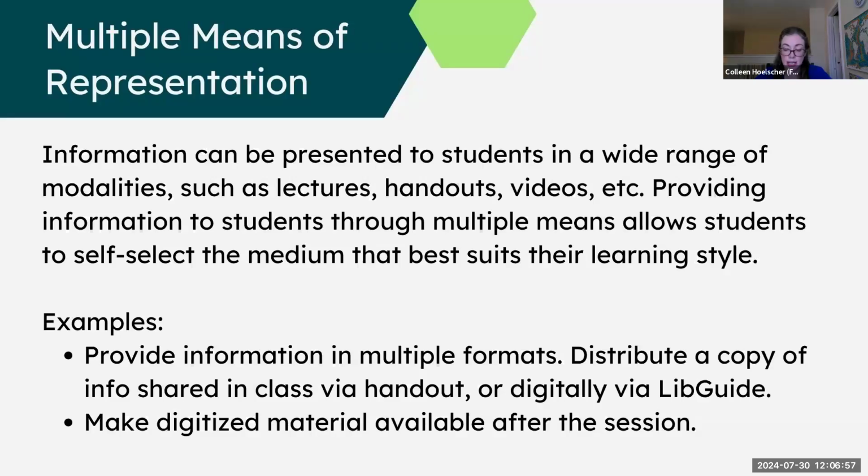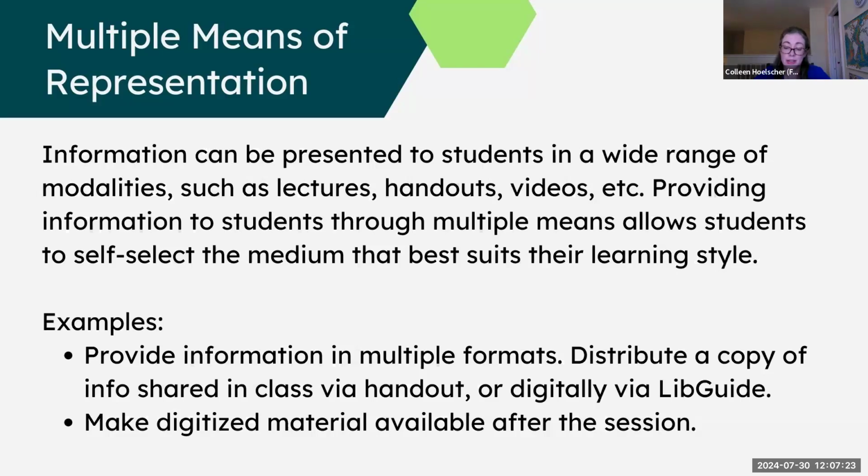So if there's a presentation element of the class, also make a copy of that presentation available via handout or digitally, such as through the course management system or a LibGuide. Another option is to make digitized versions of archival materials used in class available after the session. Obviously, this is a lot of work, but some students might need more time to process new information than is possible in a single class session.